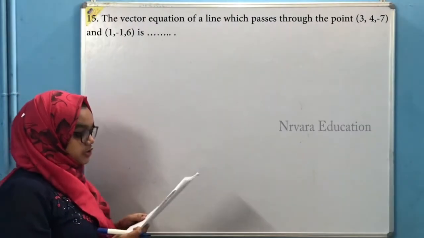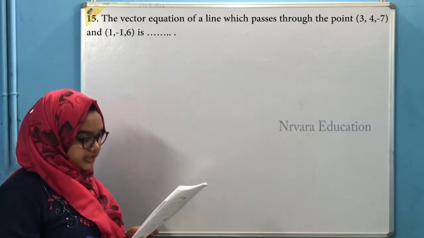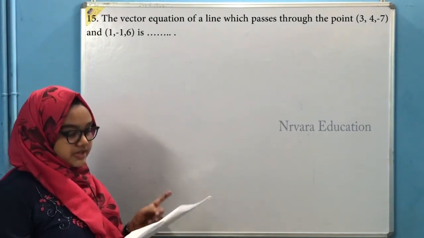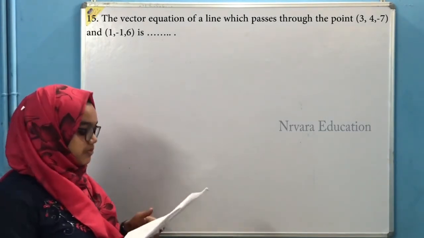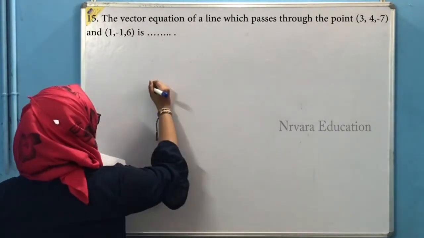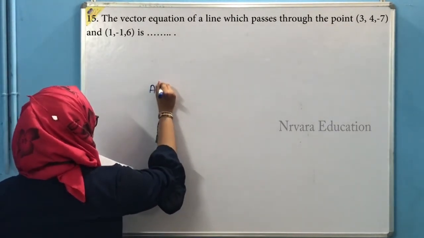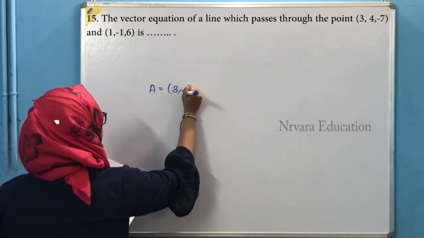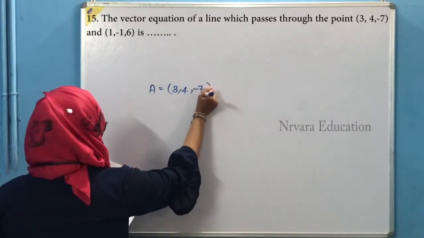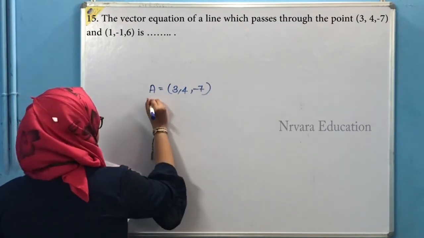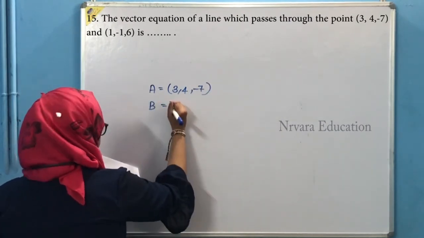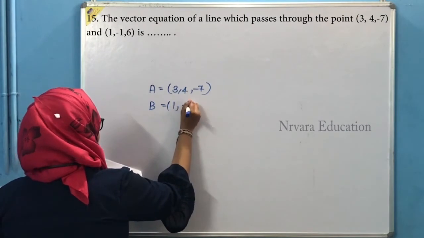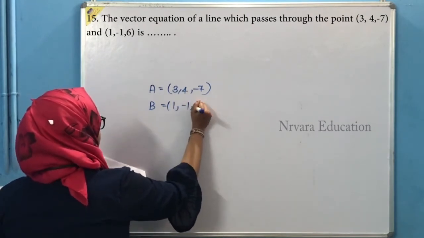So in the 15th question, they've asked us to find the vector equation of a line which passes through the two given points. So let's say our first point is A, which is 3, 4, minus 7. And second point, let's say B will be equal to 1, minus 1 and 6.